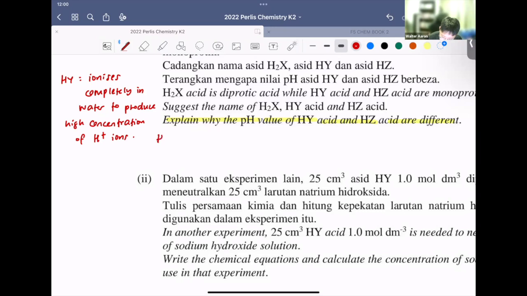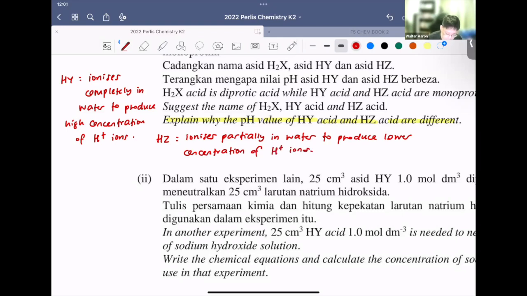And then for HZ, you can put there: ionizes partially in water to produce lower concentration of H+ ions.